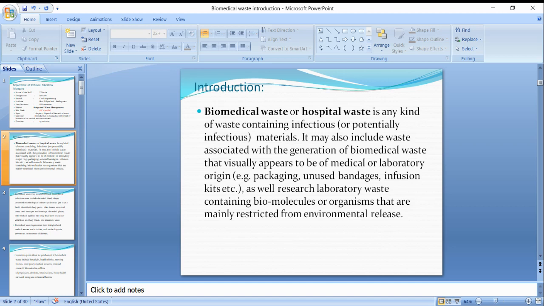It may also include waste associated with the generation of biomedical waste that visually appears to be medical or laboratory. If you go to a laboratory, different types of tests will be going on. They will take samples, and the samples will be stored.